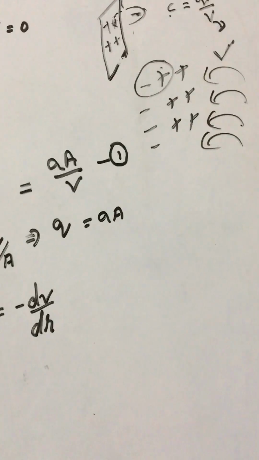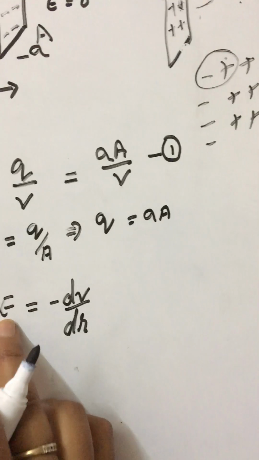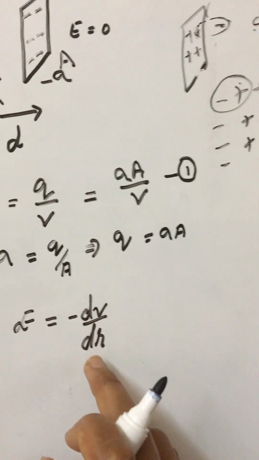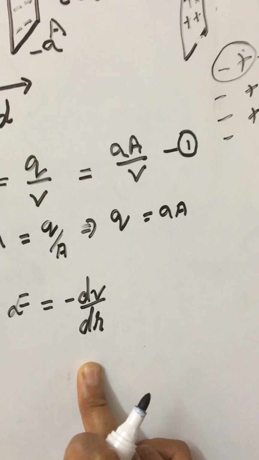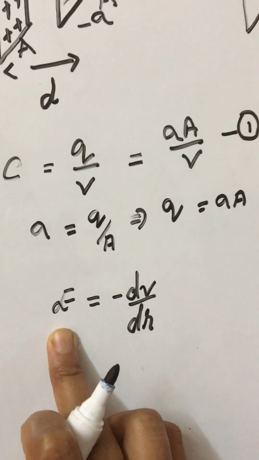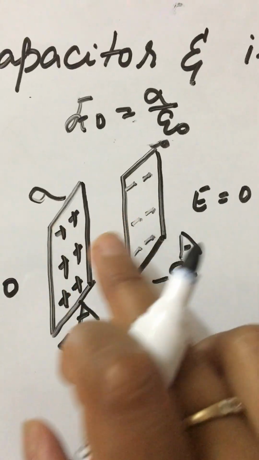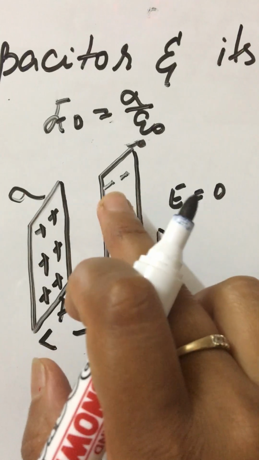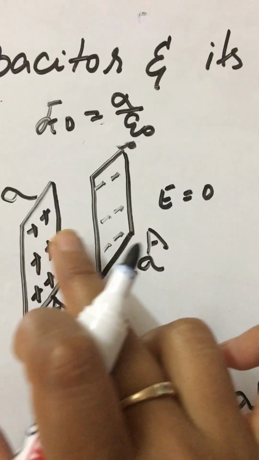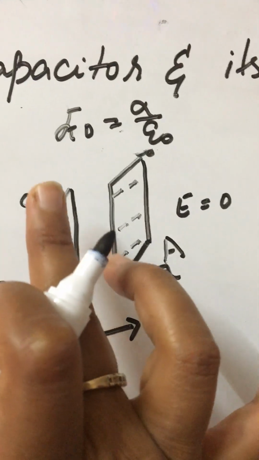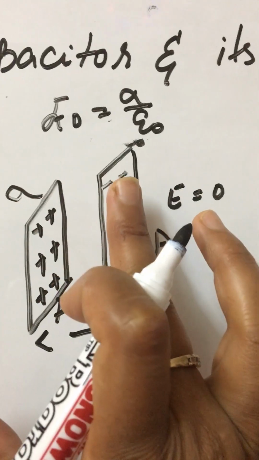The presence of an electric field confirms that the potential changes with distance. In this region there is an electric field, which means the potential changes as we go from plate 1 to plate 2.